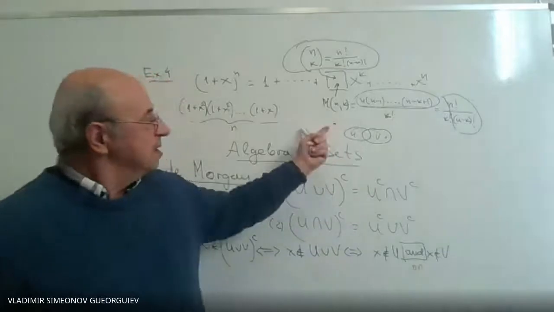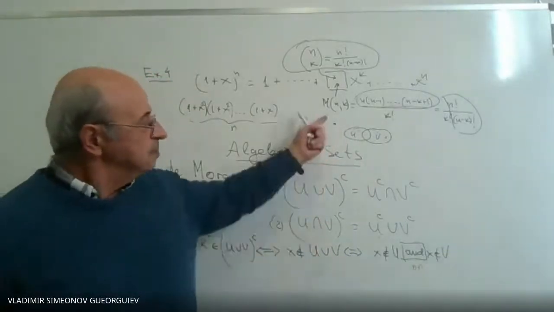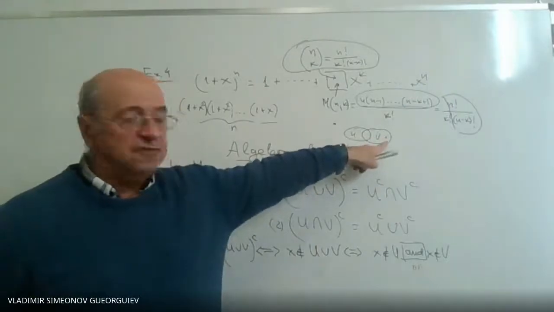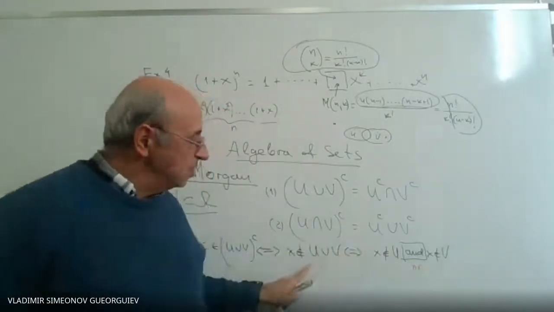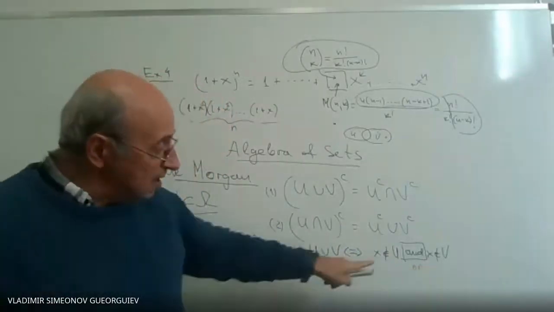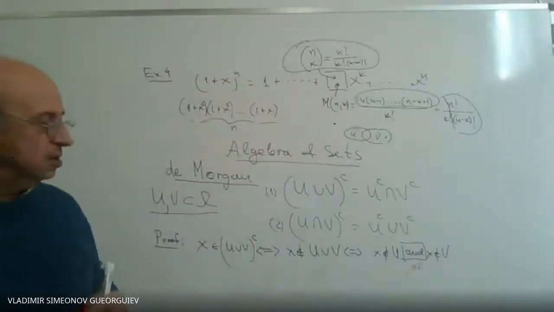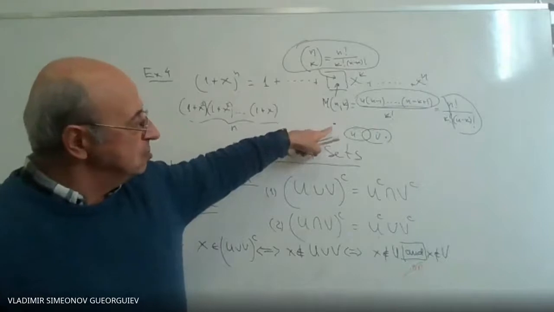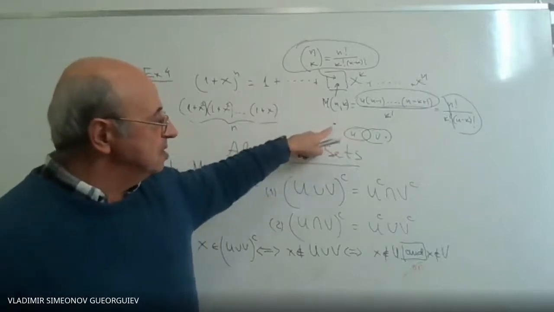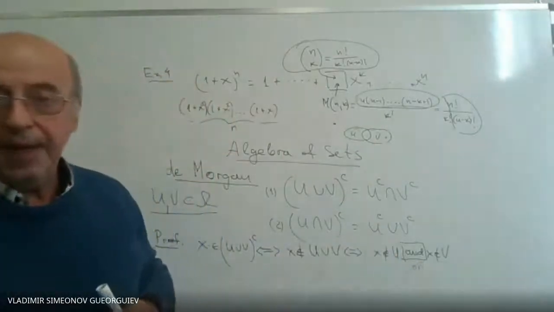Therefore, my point is outside the union, but the red one is inside V. And this means "or" is not a good connection, and I have to ask, if x is outside the union, x is neither in U, nor in V. And I have to put "and".